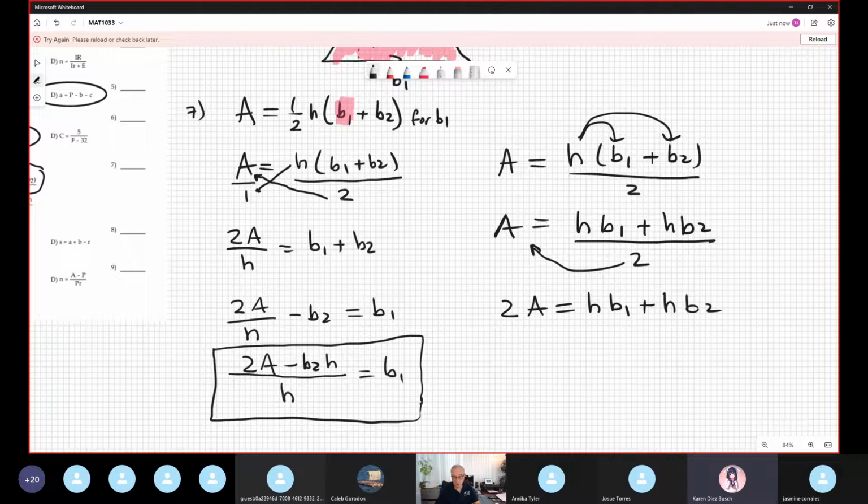Now you take 2A minus HB2, subtracting, is equal HB1. Now finally divide by H both sides. Wow, cool. I like this way because you get exactly the same answer as directly, without the complicated step of finding the least common denominator. This is very, very good.